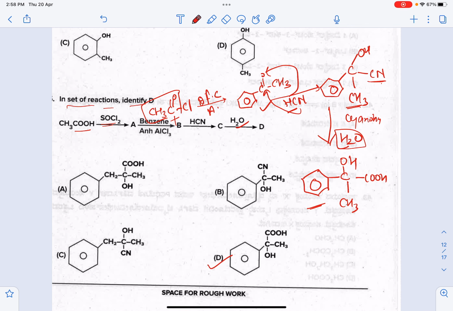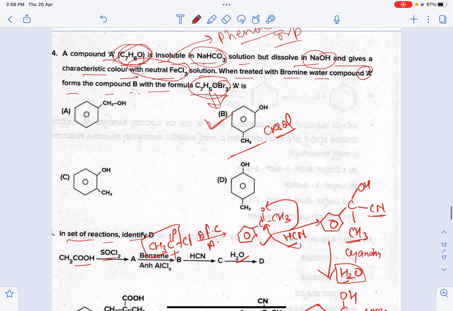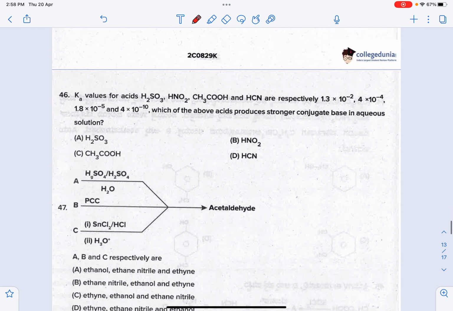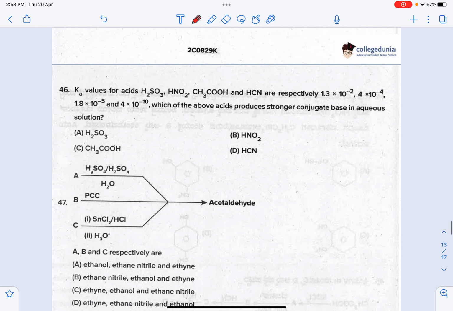Now the next question is number 46. Here some Ka values are given, the Ka values for acids like H2SO3, HNO2, CH3COOH and HCN respectively. Which of the above acids produces a stronger conjugate base in aqueous solution?